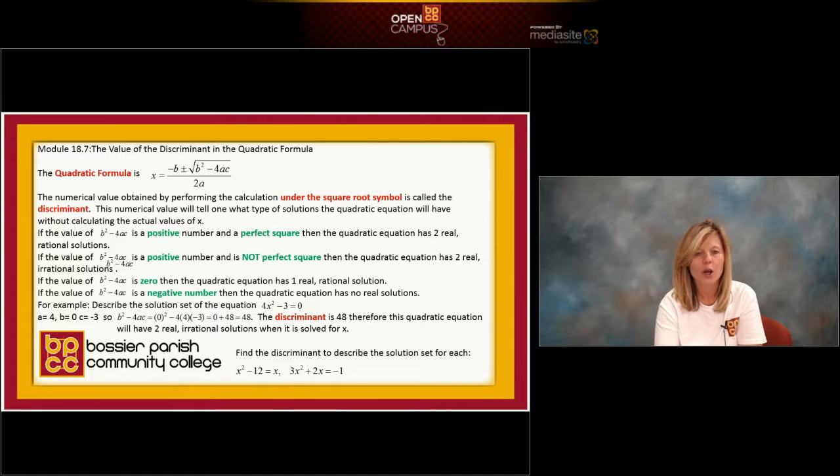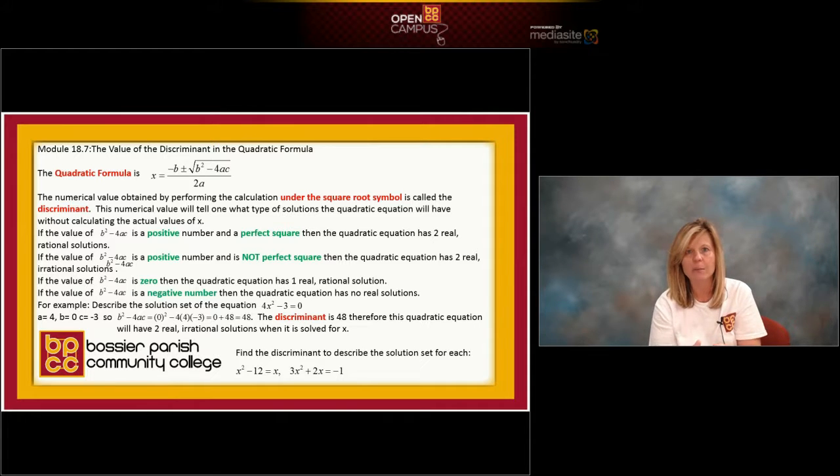B squared would be 0 squared minus 4 times A, which is 4, times C, which is negative 3. So now if I perform that calculation, I would square first. 0 squared is 0. Then I'd multiply my three numbers. Negative 4 times 4 is negative 16. Negative 16 times negative 3 would be positive 48. So now I have 0 plus 48, which is 48.